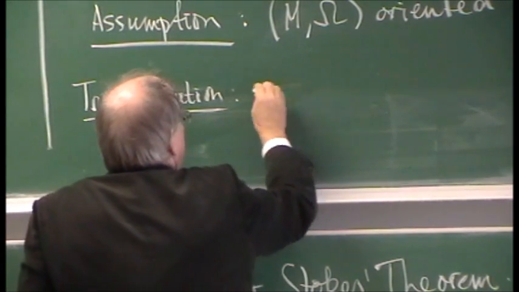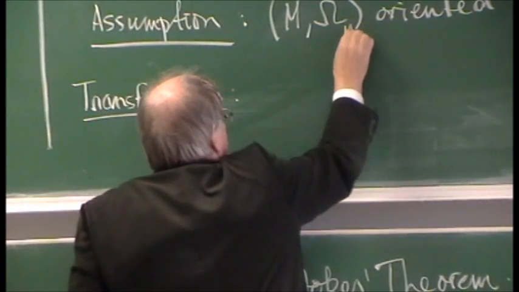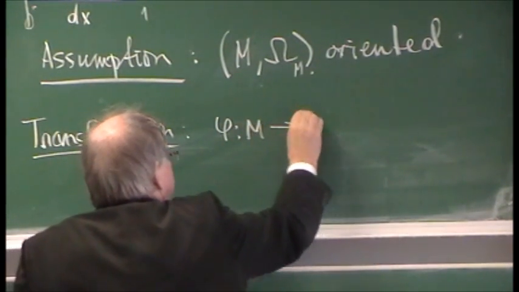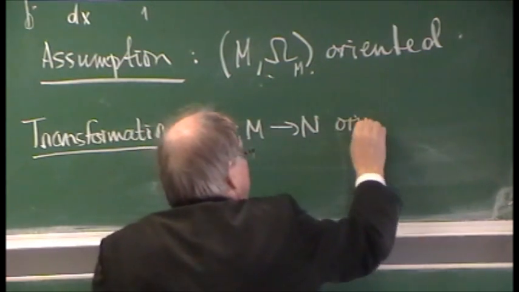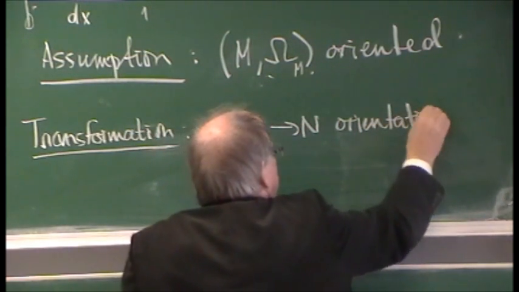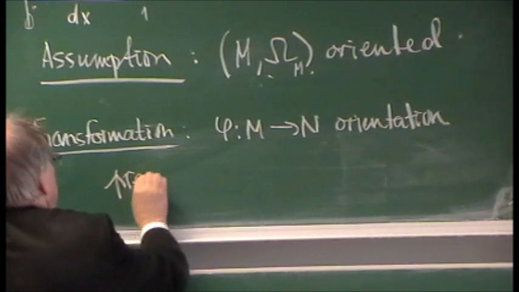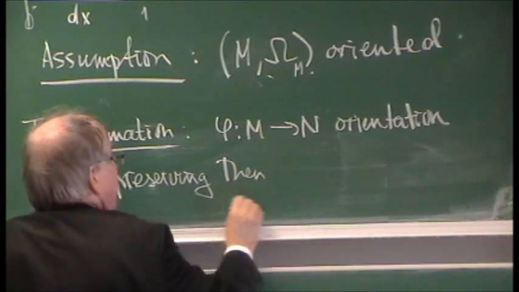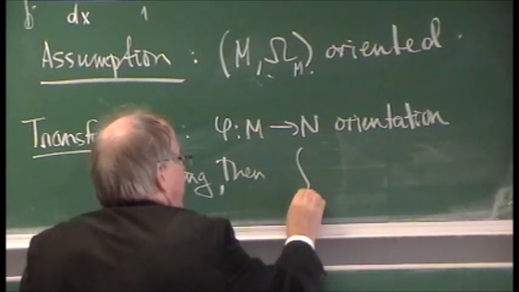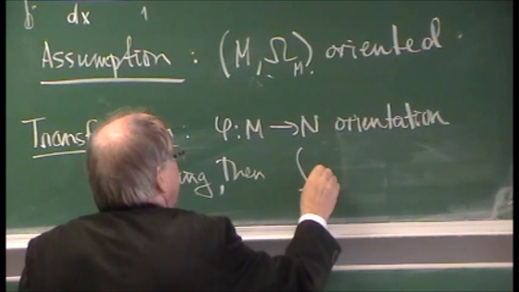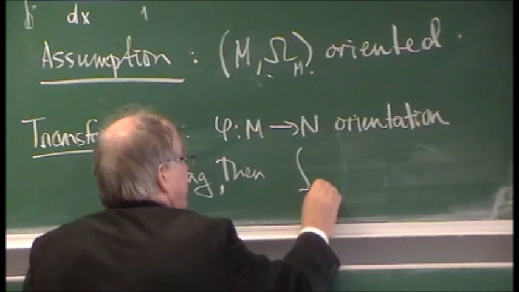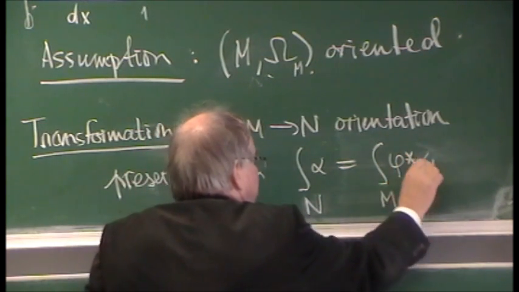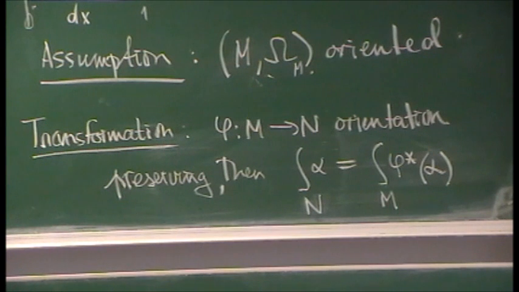you have an integral over, let's call this N. So we have a diffeomorphism now from N to N, which is orientation preserving. Then the integral over N of something, say alpha, is the same as the integral over N of the pullback.